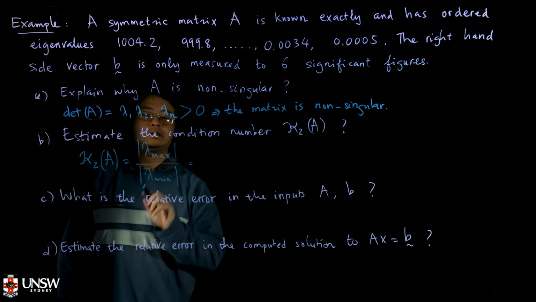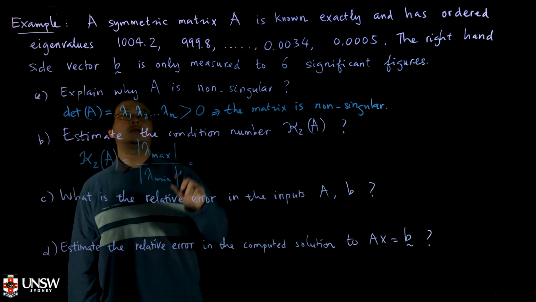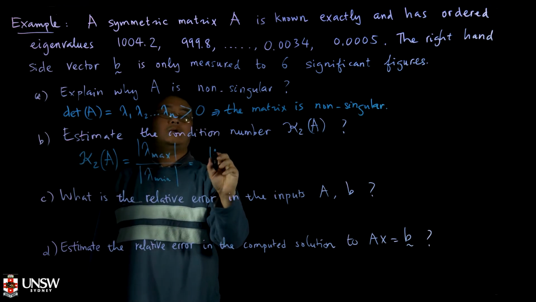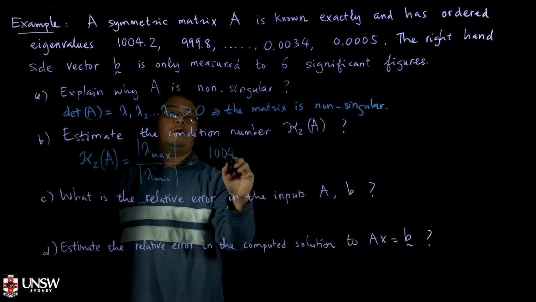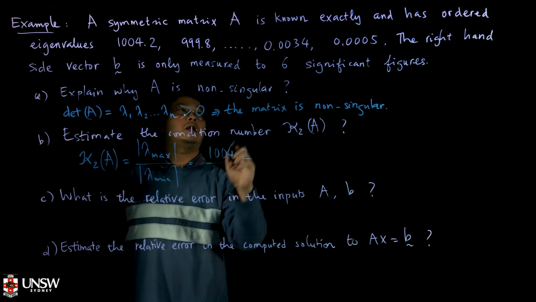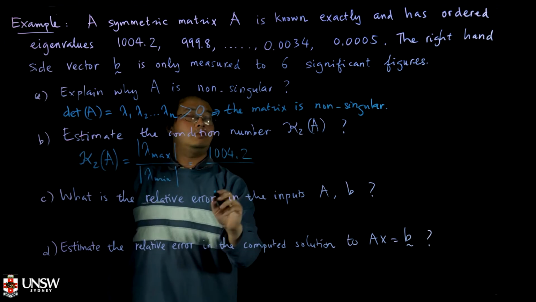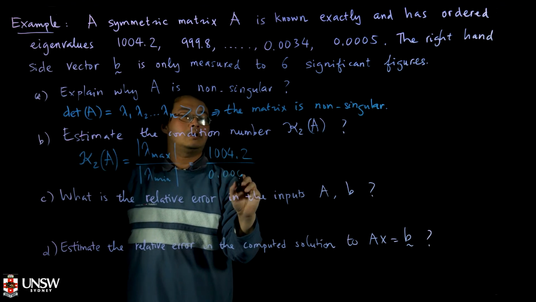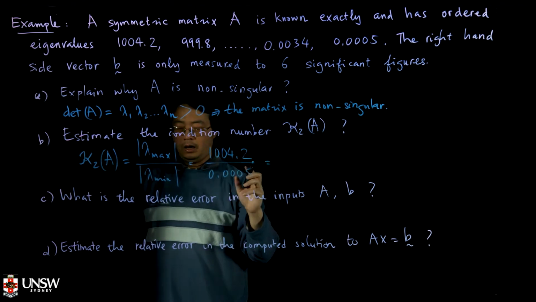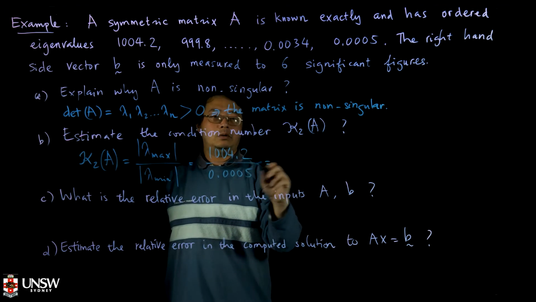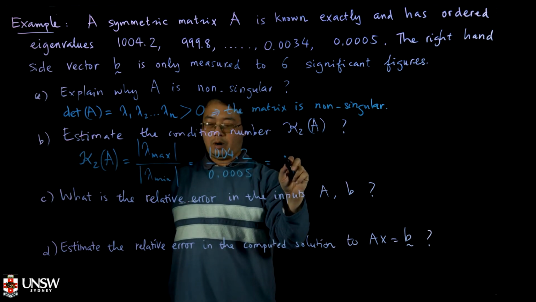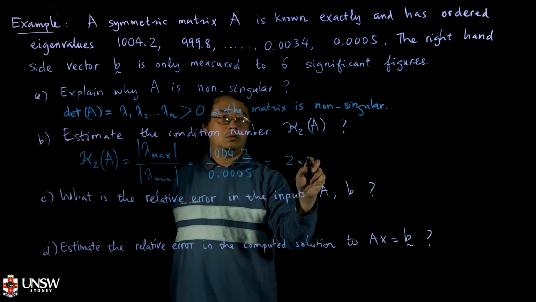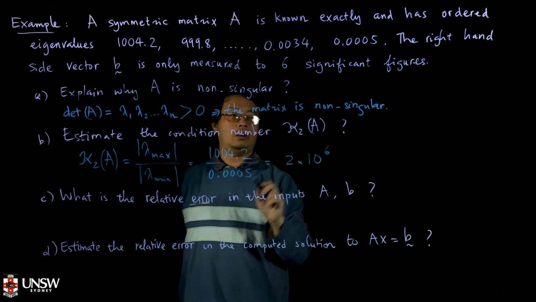So lambda max is the maximal eigenvalue of the matrix, which is 1004.2, divided by the smallest eigenvalue, which is 0.0005. And when you do the calculation, it will be around 2 million.